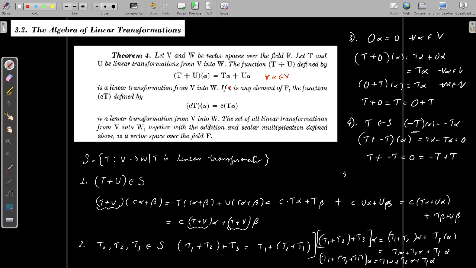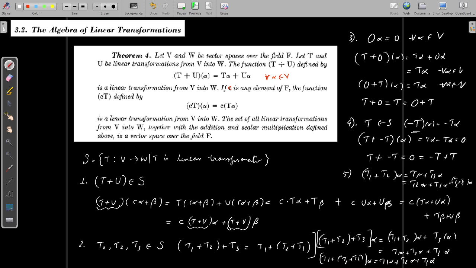So we have one more thing here. If we consider T1 plus T2 of alpha, that is the same as T1 alpha plus T2 alpha, that is equal to T2 alpha plus T1 alpha, because T1 alpha and T2 alpha are elements of W and W is a vector space. So vectors of W commute, so you can write it as T2 alpha plus T1 alpha, that is T2 plus T1 of alpha.